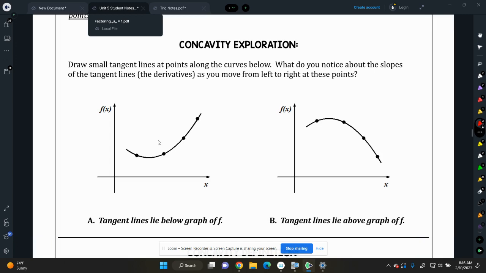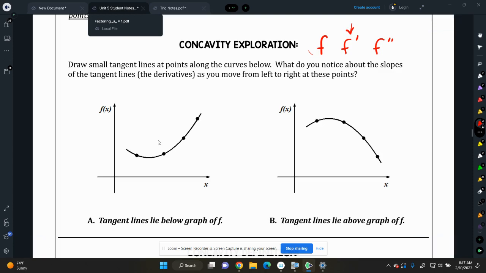One of the things that we want to practice is connecting the relationship between f prime and f double prime, right? When we look at the second derivative, that tells us the concavity of the original function, but it also tells me where I have increasing or decreasing of f prime.